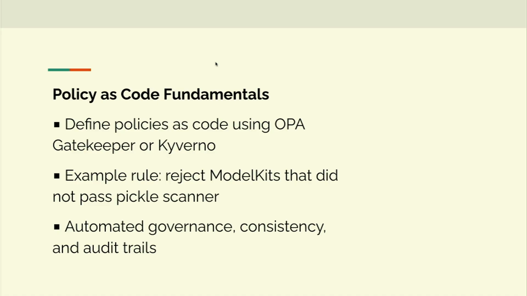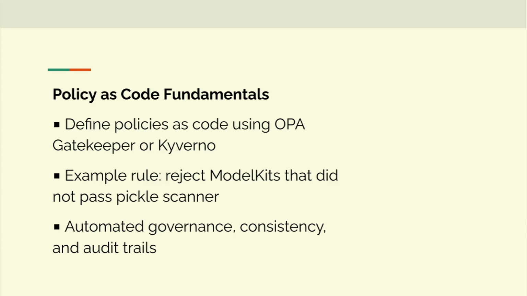And finally, as we are coming to a close, I wanted to sign this off with policy as code. How many of you have heard of Open Policy Agent or OPA? These are typically used to ensure that you have proper compliance. You define policies for your code with the help of open source projects like Kyverno or Open Policy Agent.